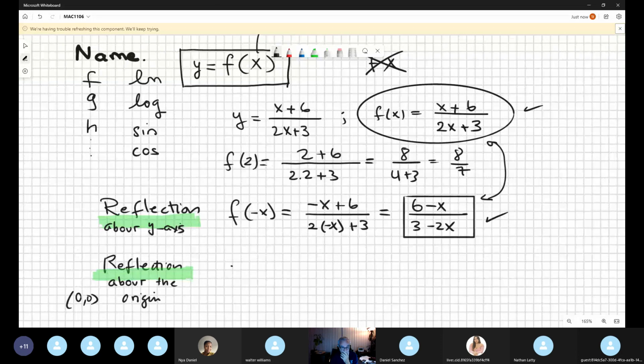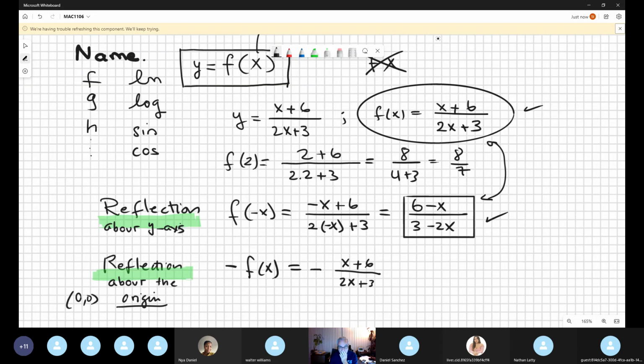We are doing a minus. You put a minus. Remember, a minus is always a reflection, but the minus is inside the parentheses or outside the parentheses. Okay, you put a minus outside the parentheses, a reflection about the origin. You put it inside, a reflection about the y-axis. So it's easy. You put a minus here, and you copy the original, and that's it.